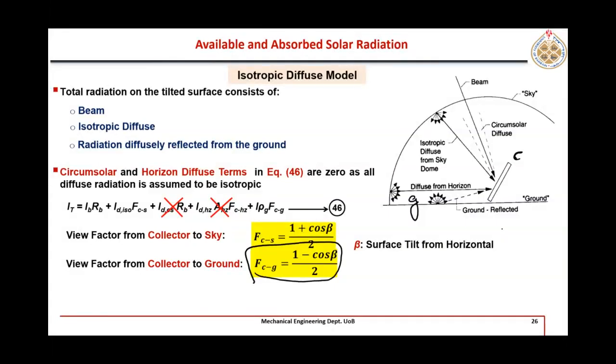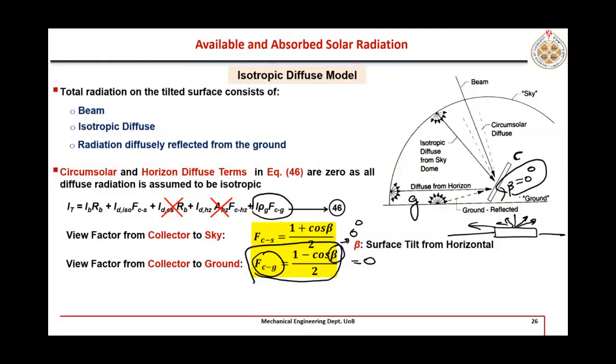Look now, when beta is 0, when this collector is horizontal, all the radiation emitted by the collector will never reach the ground. So when you put beta equal to 0, this term will become 0, if the collector tilt is 0. But if there is some beta, this term will not be 0 and this view factor will come into play.